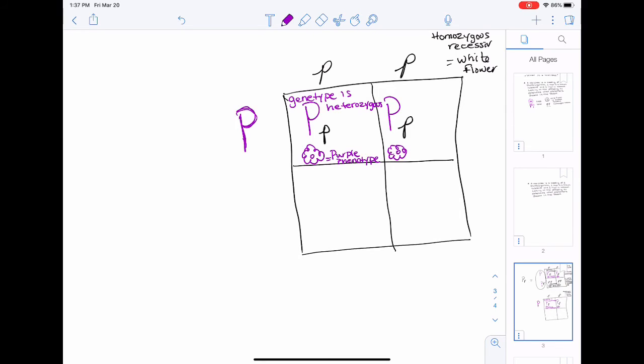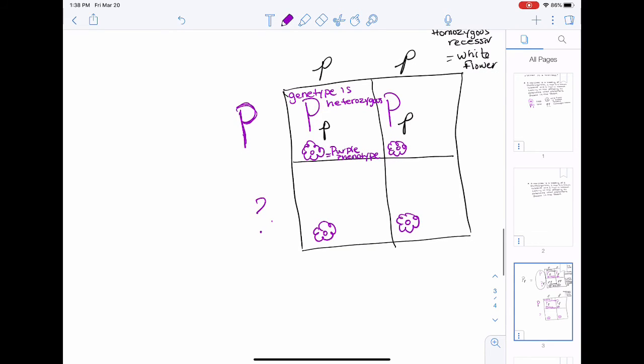Now, down here, remember, we don't know what this one is. If he also gets purple flower and purple flower, then we know he didn't get any recessive genes from this father, because there are no white flowers there.